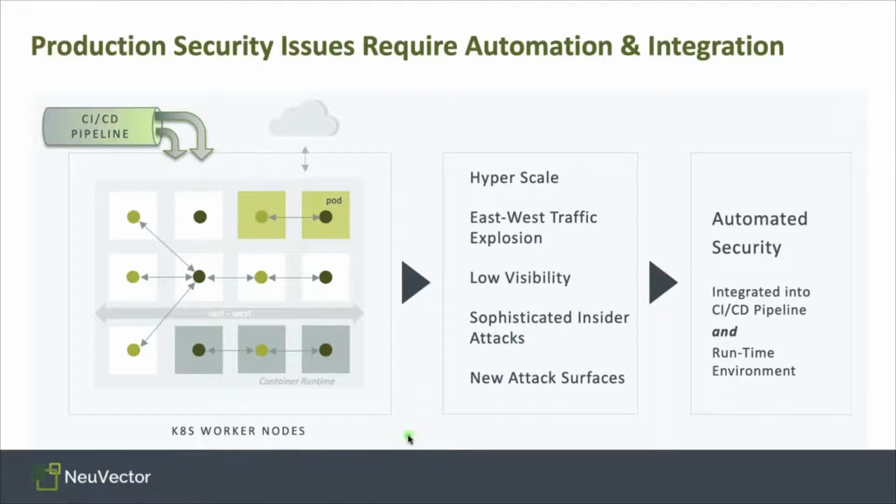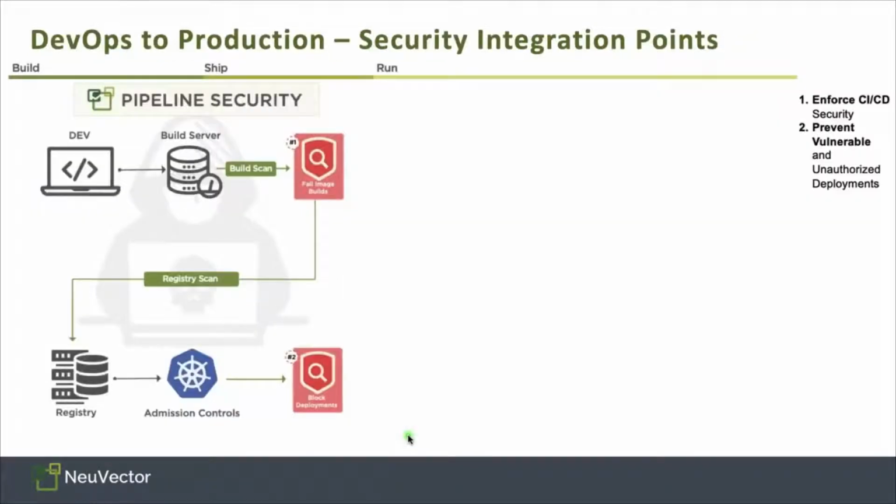So let's take a look at some of these integration points. On the left side, in the shift left part of security, on the pipeline, one of the key integration points is in the build server stage. So for example, this could be Jenkins Server, Circle CI, Azure DevOps, any of the tools that you're using for CI/CD, you can invoke, and you should invoke, a vulnerability scan and an image check as the image is being built.